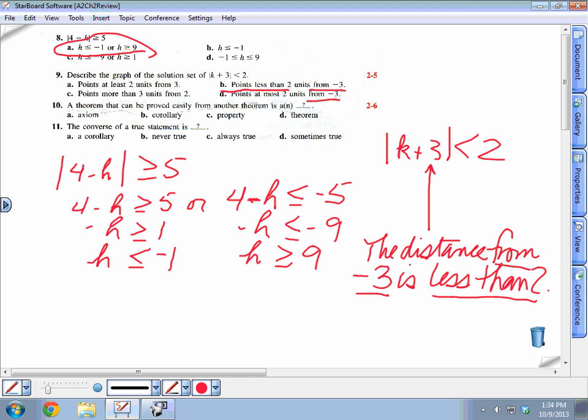Points less than 2 units from negative 3. That's correct. Okay. A theorem that can be easily proved from another theorem is a what? You can't prove a theorem from another theorem. Corollary.